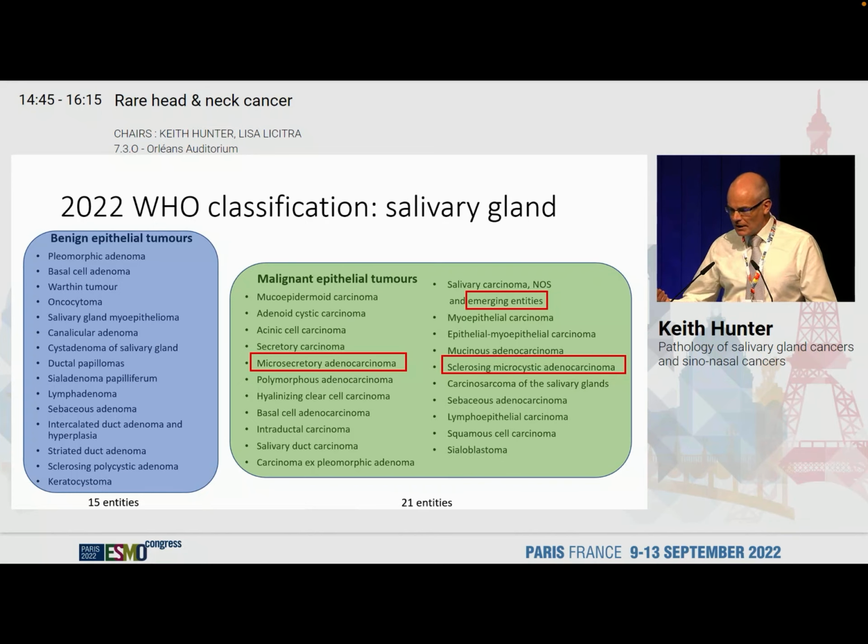Some of the emerging entities include intestinal type adenocarcinoma and oncocytic adenocarcinoma, which are well understood but have not made it into the classification at this point. And I think as we go through the session and see the amount of work which is being done in sequencing these tumours, we have a very open question about whether this is going to expand, or how this classification will expand and how useful that expansion might be if it occurs.